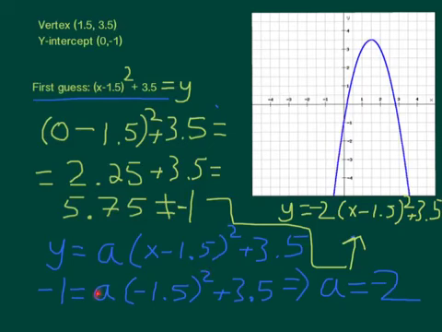I just wrote a, which is the number I wanted to find out, and plugged in my (0, -1). Got a result, a equals -2, plugged that in. This is now what my equation looks like. That could definitely be a question in the exam, to give you a graph like this and ask you to write out the formula. So you need to copy this down.